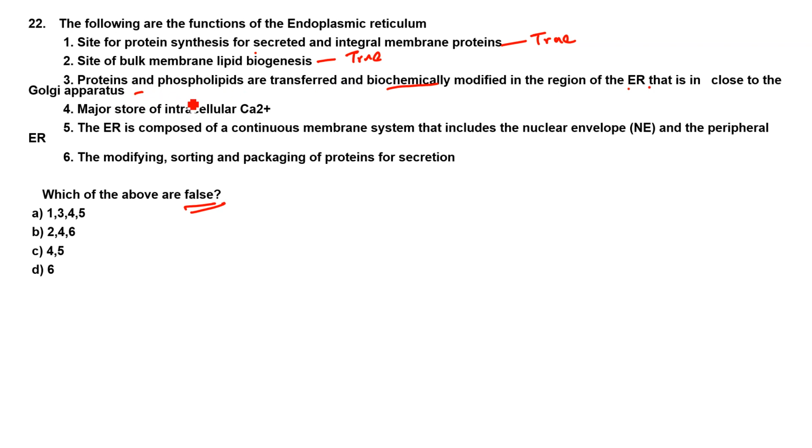Different types of modifications were taking place, right? I told you about phosphorylation, mannose phosphate, then ubiquitination. All these different chemical modifications take place in the Golgi apparatus. Glycoprotein, so if a carbohydrate moiety has to be added to the protein molecule, all these things will take place in the Golgi apparatus. So this statement is also true.